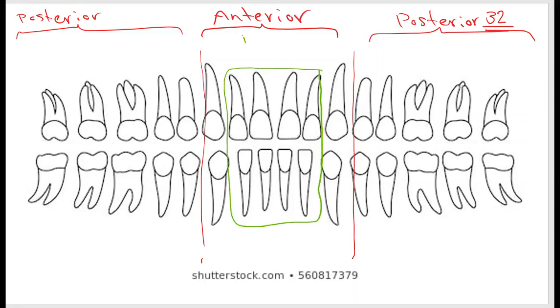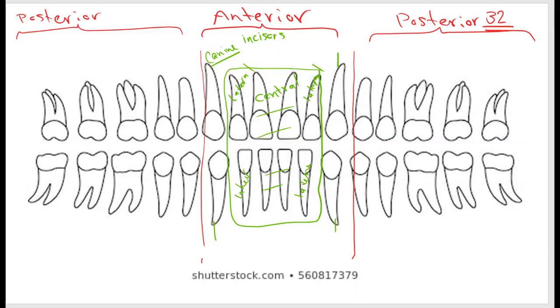We have central incisors here and here, and lateral incisors, and then we have canines on each side.